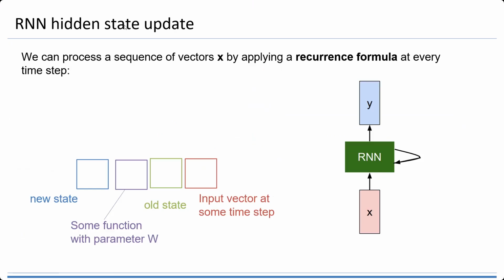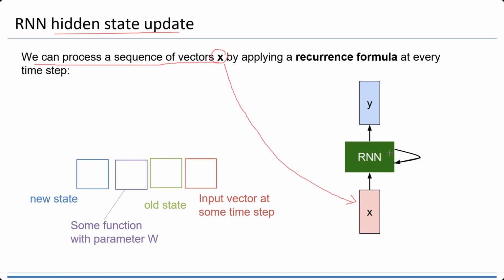So the RNN means we have some hidden state. So the hidden state, it will be updated. So we can process a sequence of factor x. So usually we refer x as the input by applying the recurrence formula at every time step.